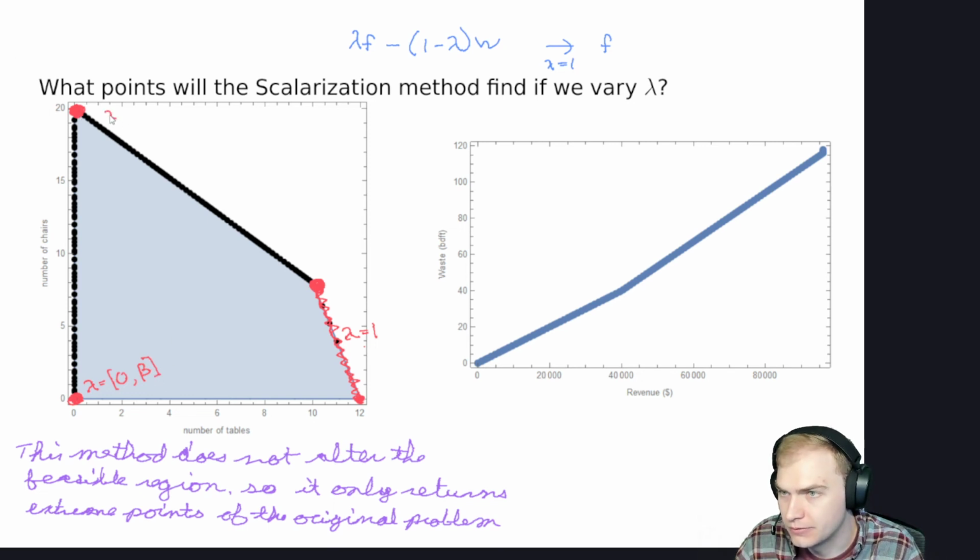This point is optimal for some lambda in beta to gamma. And this point is optimal for some lambda in, actually it should be inclusive, gamma to 1.